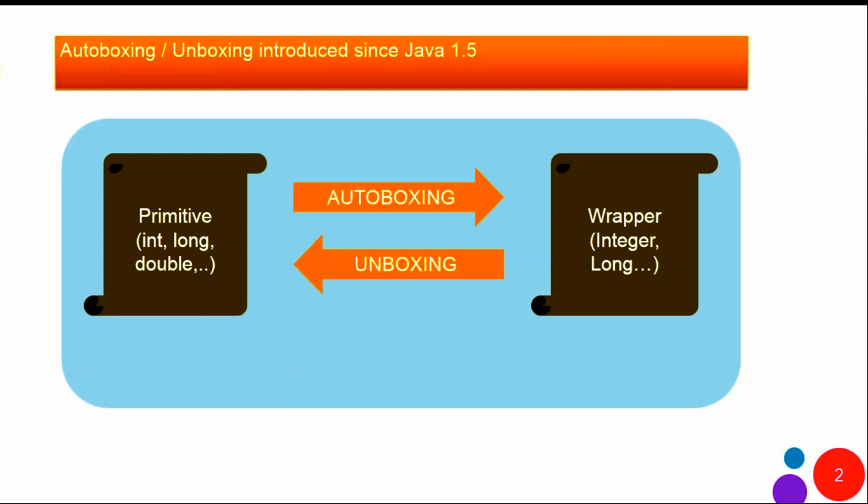Alright, let me take a real quick example related to autoboxing and unboxing. For that, I'm taking one list, an Integer list, and I'm using an ArrayList. Friends, you must know that whenever we add any element to an ArrayList, only objects can be stored in it. Primitive types are not supported.